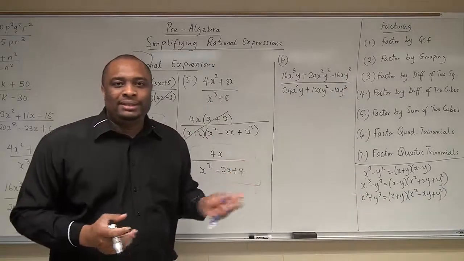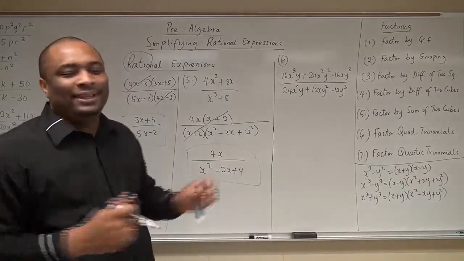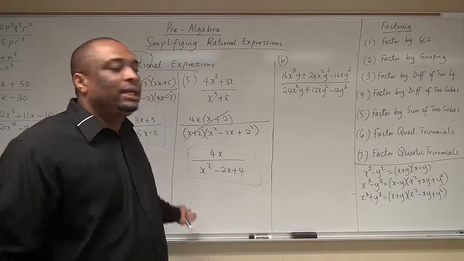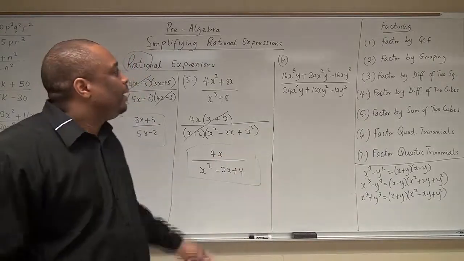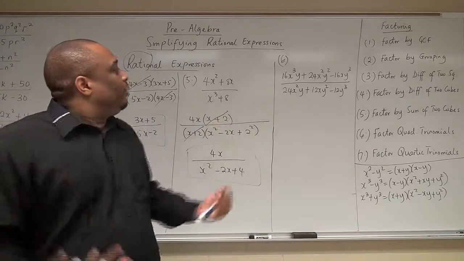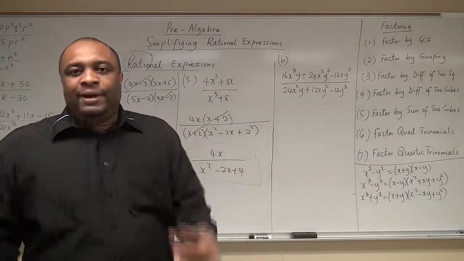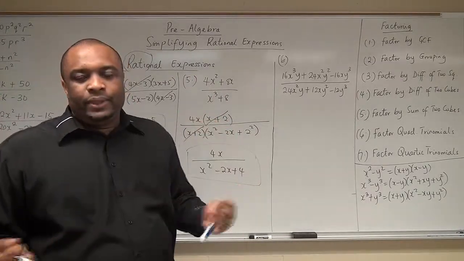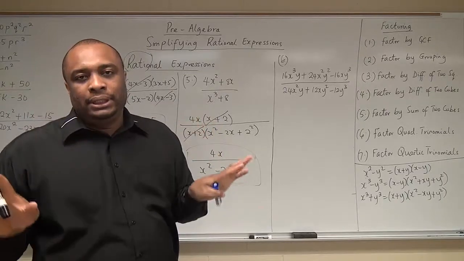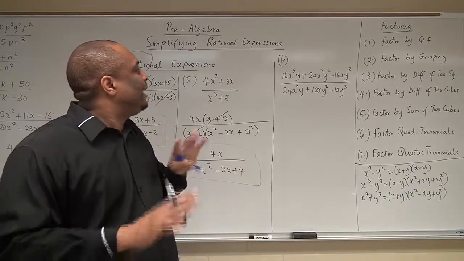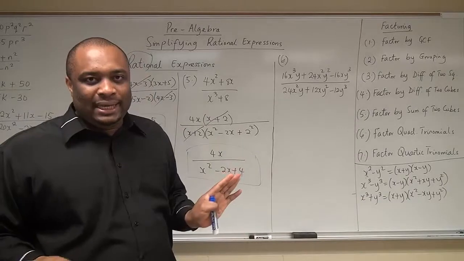When you look at question 6, you think, these are big numbers. Where do you start from? Look at it very well and see whether you can start by factoring by GCF so that you can work with simple numbers. When you factor by GCF, it makes the work easier.